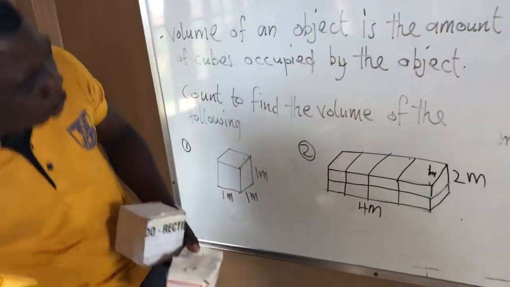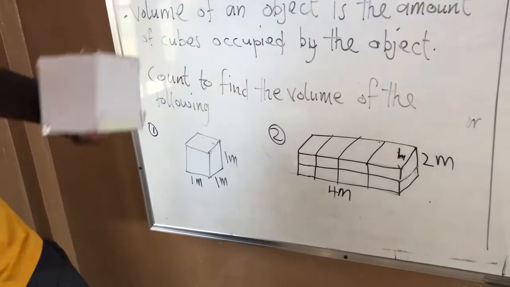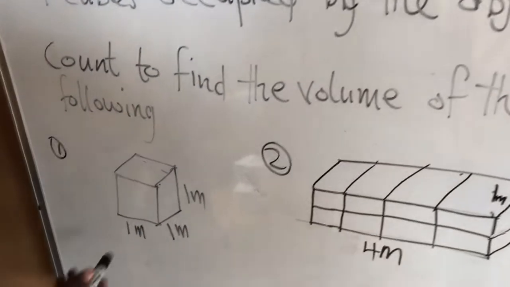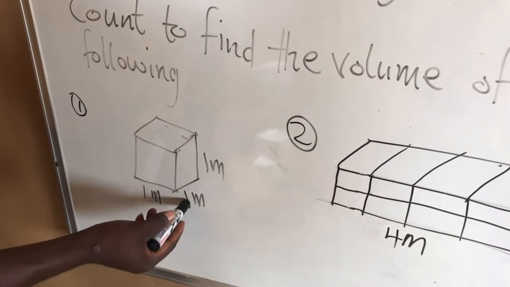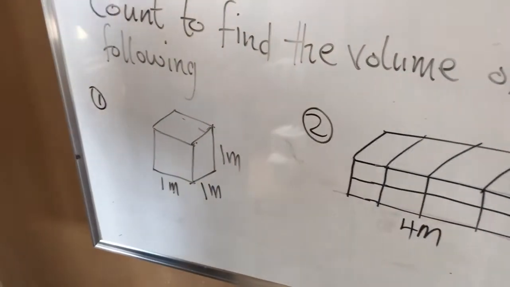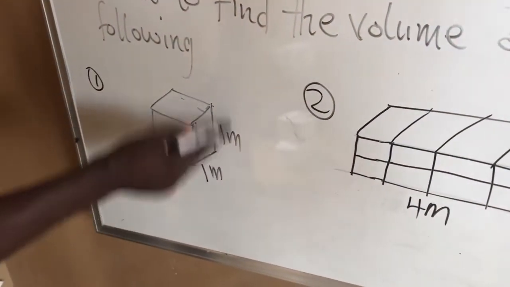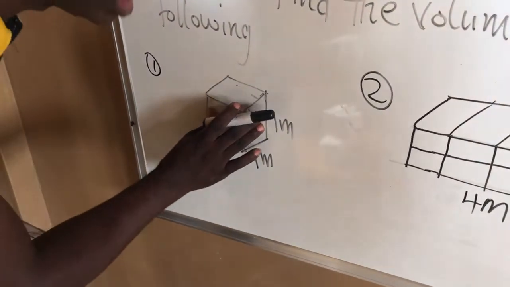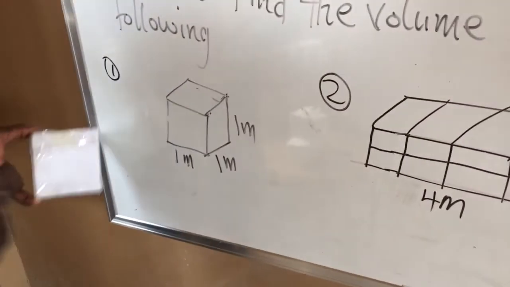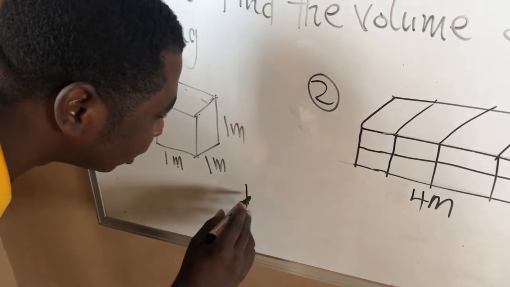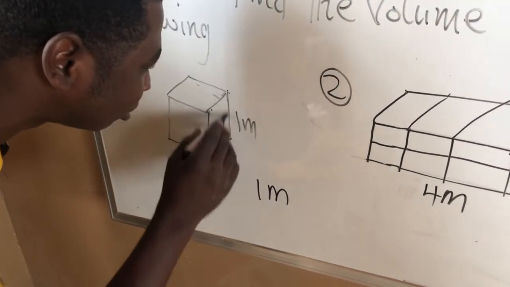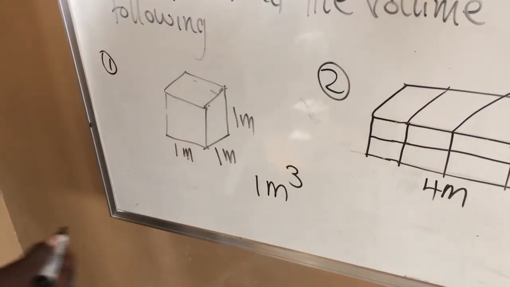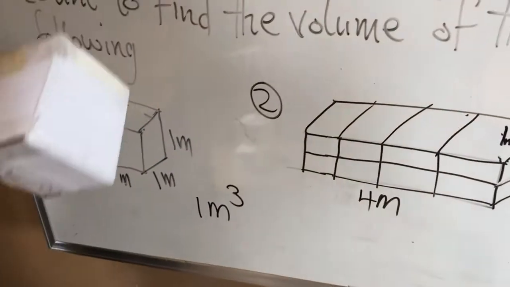Good. So I'm having the same cube on the board here. This cube is 1 meter, another 1 meter, and another 1 meter. So this is 1 cube, 1 meter cube. Since it's measured in meter, we say meter cube.